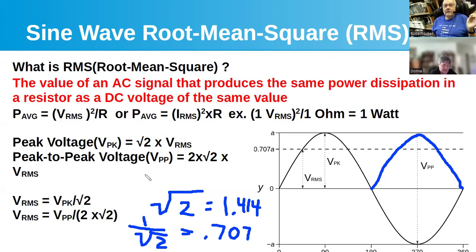So if I want the RMS of the peak, I multiply it by 0.707, which is easier than dividing it by the square root of 2. Likewise, if I have the peak to peak voltage, I divide it in half to get the peak voltage and do the same thing.